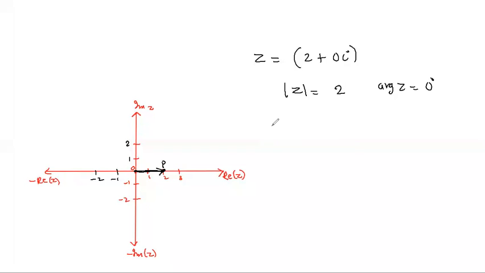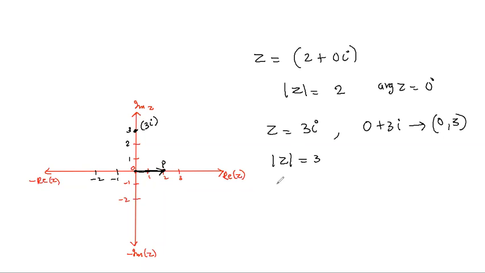Now I'm going to write the next number. Z is 3i. What do you mean by 3i? 0 plus 3i, the point (0, 3). So this point is 3i. Now tell me, what is the modulus of Z? 3.